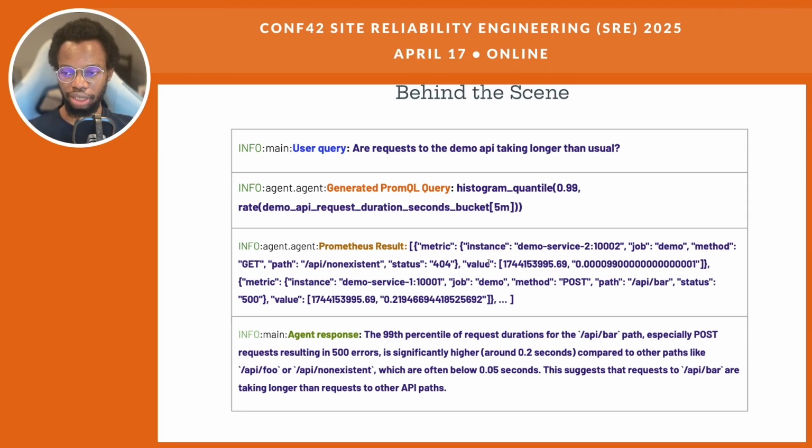Based on that, the LLM was able to go over all of these results, similar to the first one. It was able to group them appropriately and then also identify the outlier in the list after the grouping. As such, it was able to figure out that compared to the others, /API/bar has more 500 errors, and the overall latency is also higher compared to the rest of the paths.